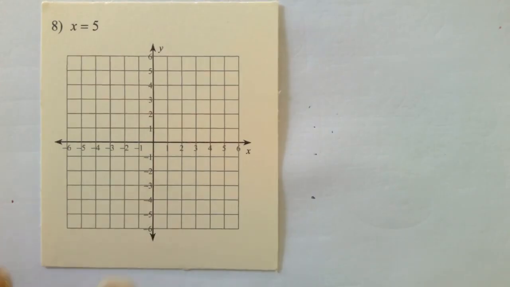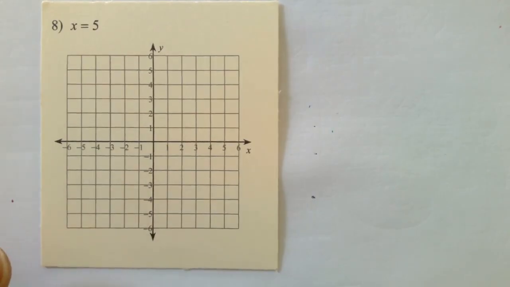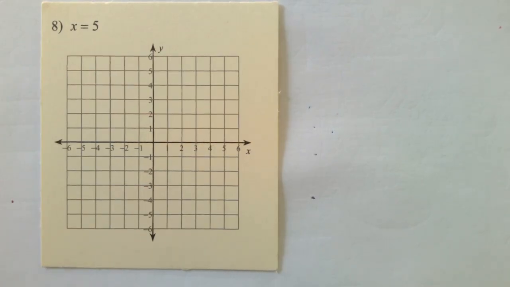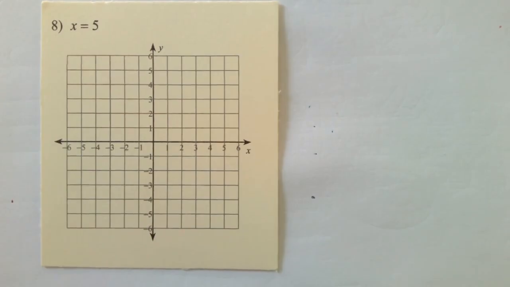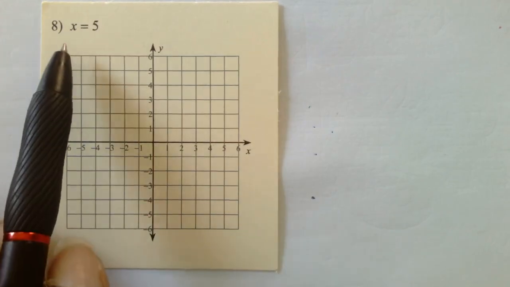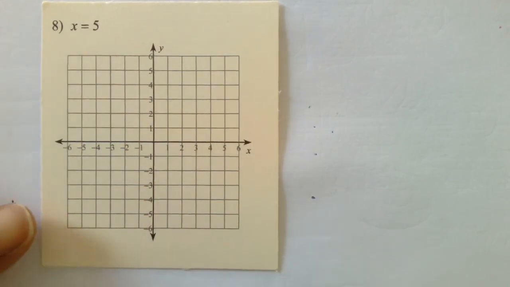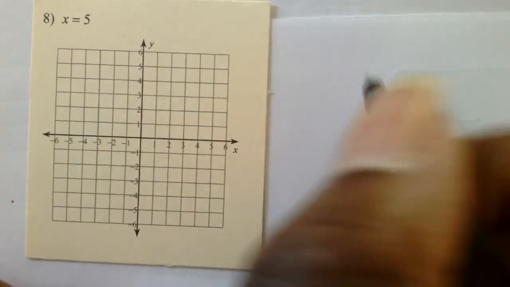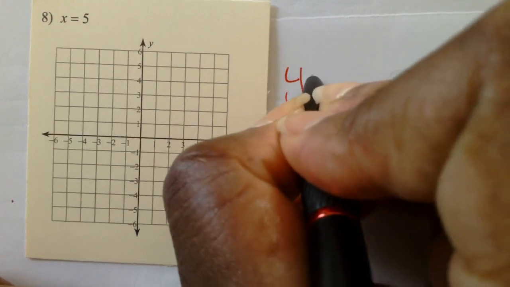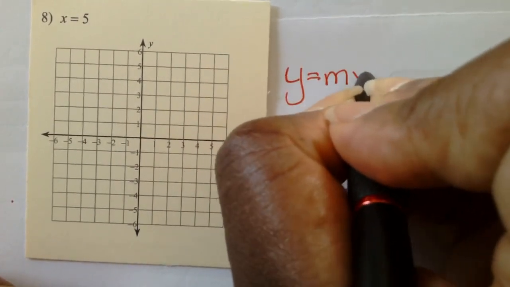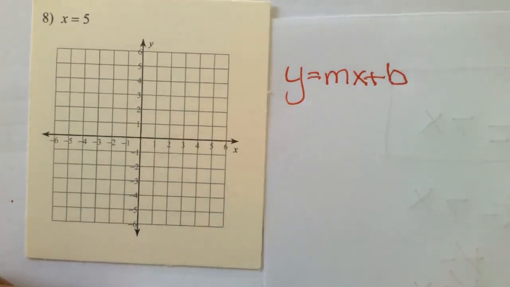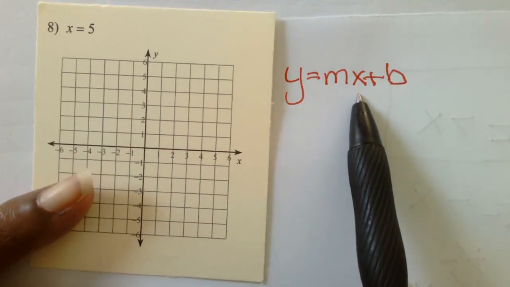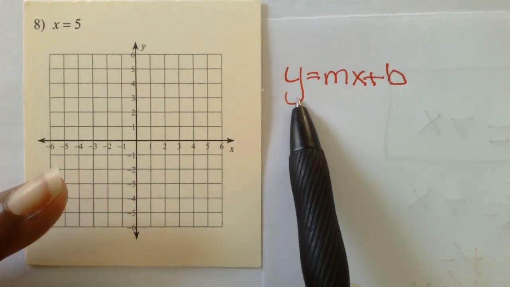Now, notice with the equation, it says x equals 5. Now with x equals 5, your kryptonite? No. Change that mindset. It's just giving you x equals 5. Anytime that we dealt with equations, it always dealt with our equation line, y equals mx plus b. Notice it gave you the x and it gives you the y's.